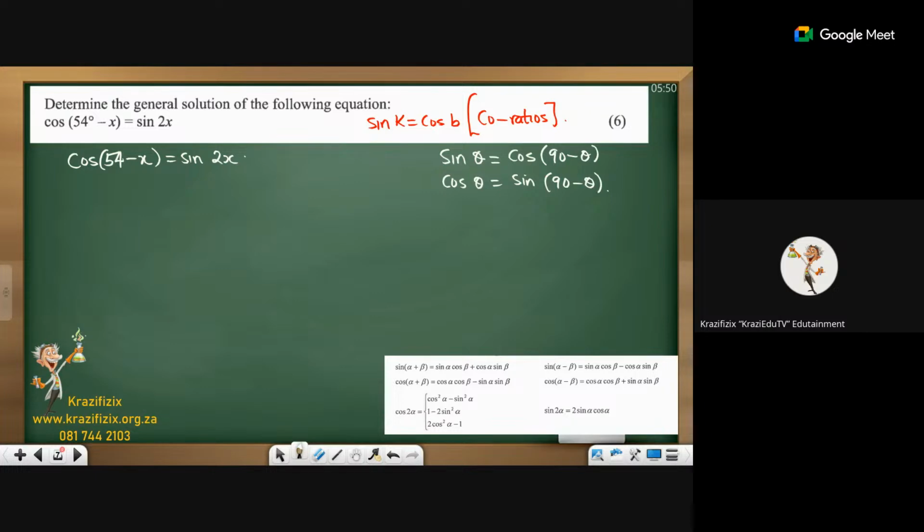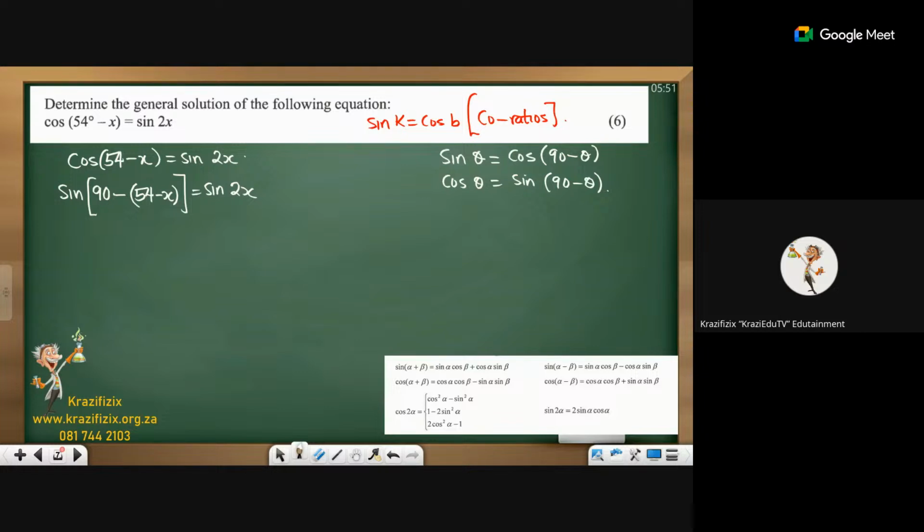I would love to change the left-hand side to sine. So I'm going to say sine, because I want to change it to sine, right? I need to bring in 90 minus, open a bracket, 54 minus x, equals sine 2x. Now, I have sine on both sides of the equation. That makes sense. Please look at my brackets. With that, the bracket is key.